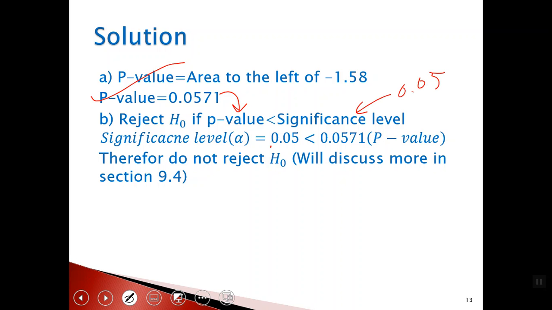If you consider these two values, the p-value is greater than your alpha value. Which means what?